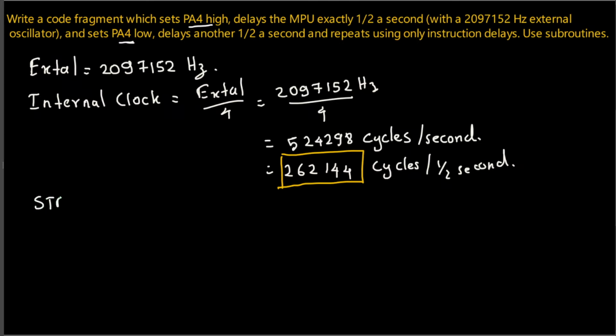So first we start here, and then we load accumulator A with 16. You can use binary, that is the percentage sign, or you can use hexadecimal as well.